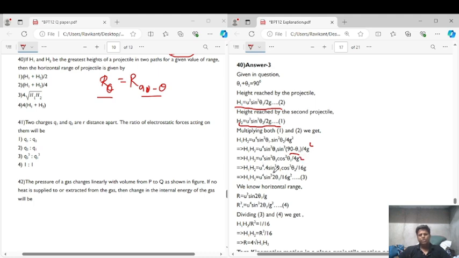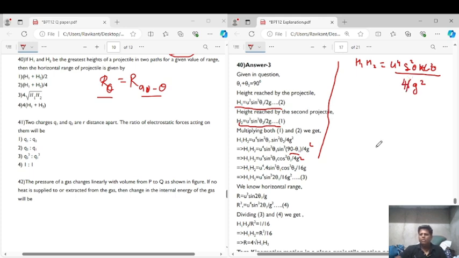So H1 into H2 will further be written as U raised to the power of 4 into sine square theta into cos square theta upon 4G square.